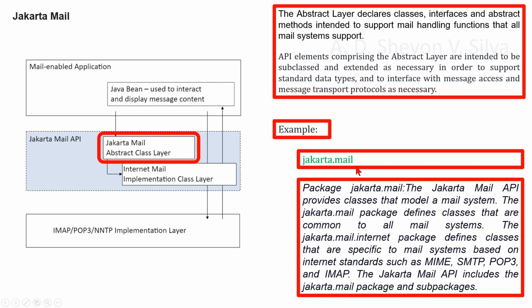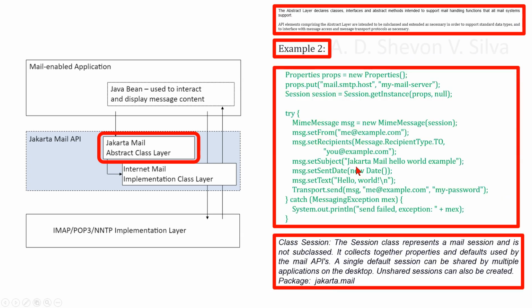The Jakarta.mail.internet package defines classes that are specific to mail systems based on internet standards such as MIME, SMTP, POP3, and IMAP. The Jakarta Mail API includes the Jakarta.mail package and subpackages. This package is in the module Jakarta.mail.